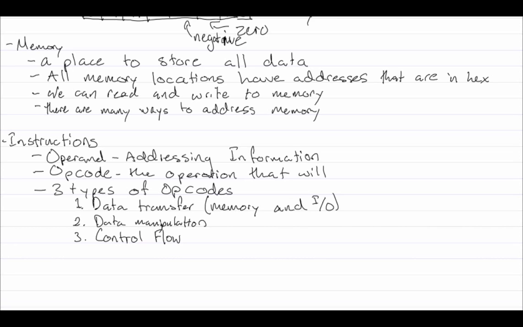All the memory addresses are written in hex, and you'll have to reference them using hex numbers. Memory is split into different locations, so you will have a different address for each memory location. There are many different ways to access memory. We will cover maybe one in this lecture, but you will see all of them as we go through this course.